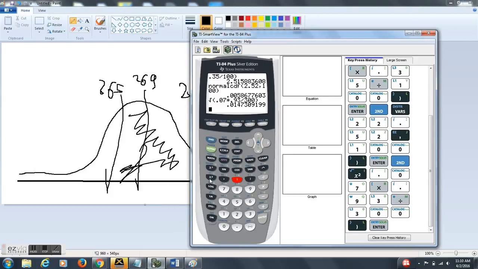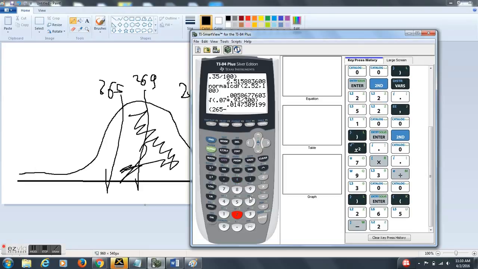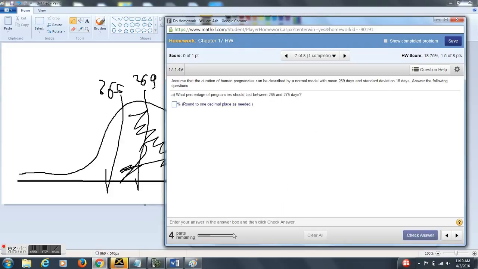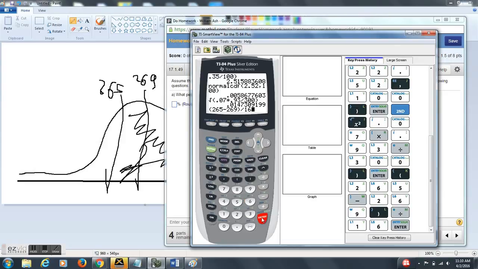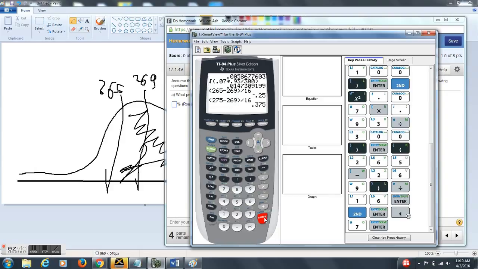So I just use my standard formula. It's 265 minus 269, divided by, what was my standard deviation? They told me what it was, 16. So one z-score is negative 0.25, and the other one is 0.375.